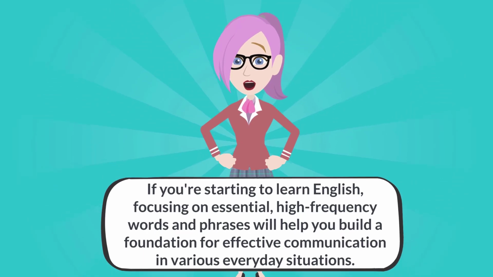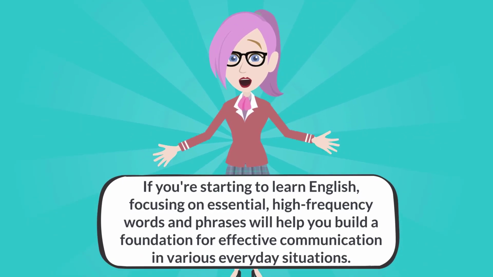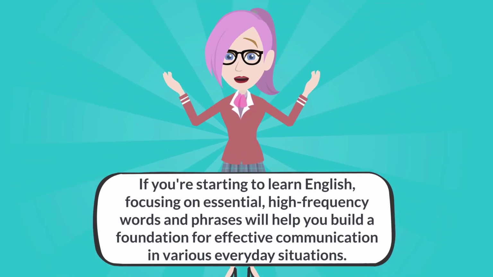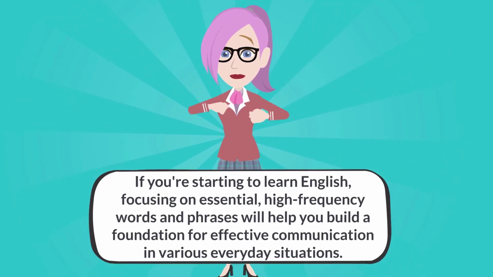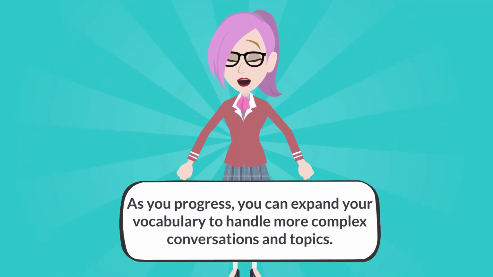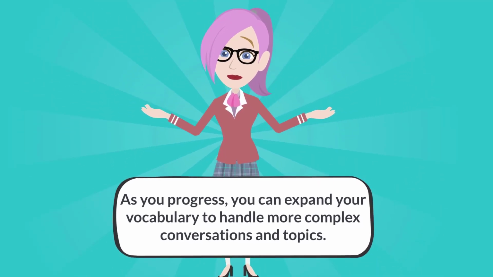If you're starting to learn English, focusing on essential, high-frequency words and phrases will help you build a foundation for effective communication in various everyday situations. As you progress, you can expand your vocabulary to handle more complex conversations and topics.